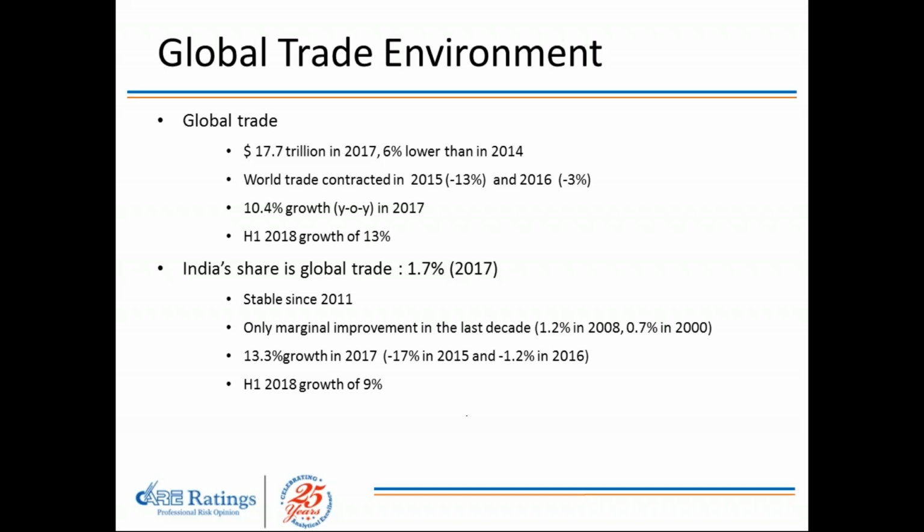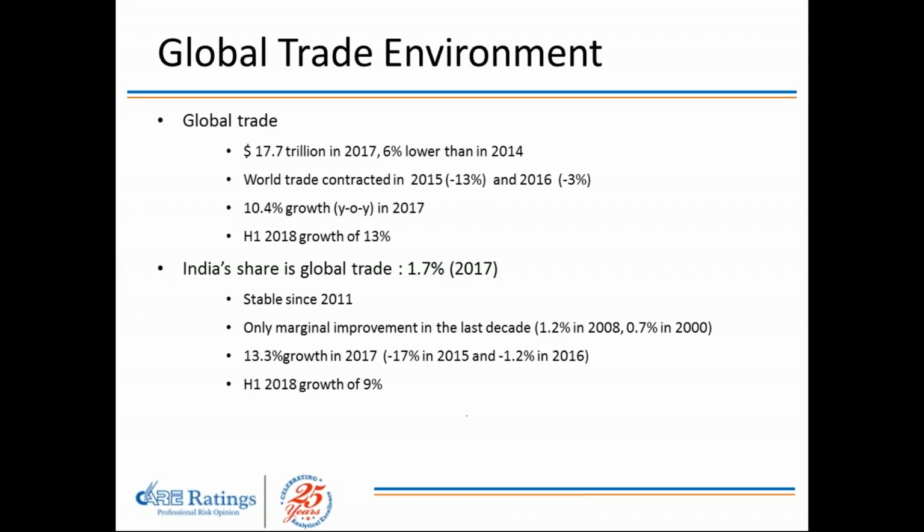The slowdown in world trade in 2015 and 16 can be attributed to subdued global growth, the slowdown and rebalancing of the Chinese economy, fall in global commodity prices, slowdown in investments and capital flows to developing and emerging economies, increased protectionist measures being adopted by countries, and disruption in global value chains.